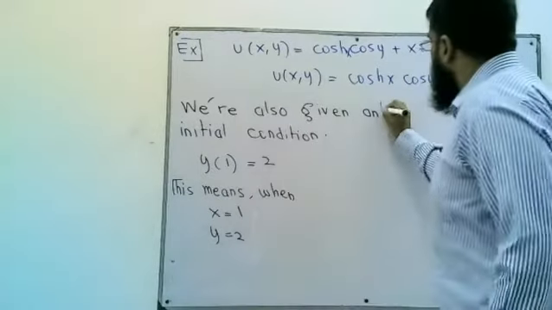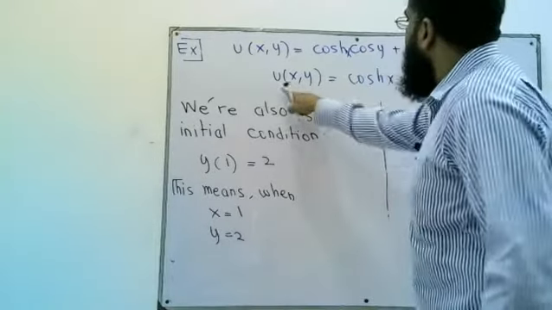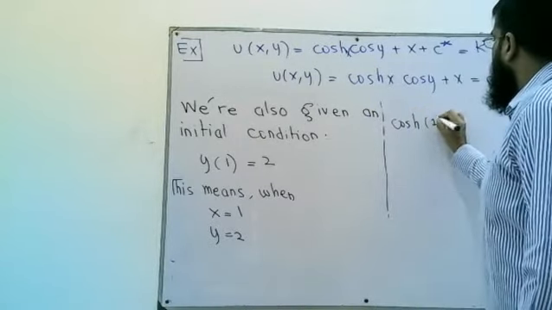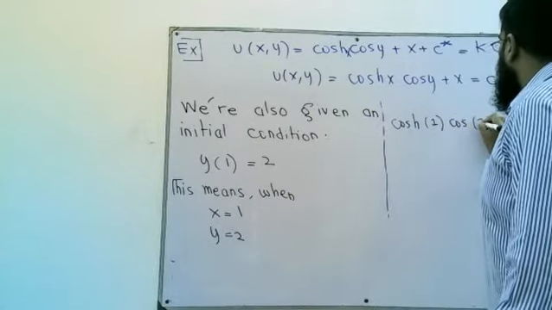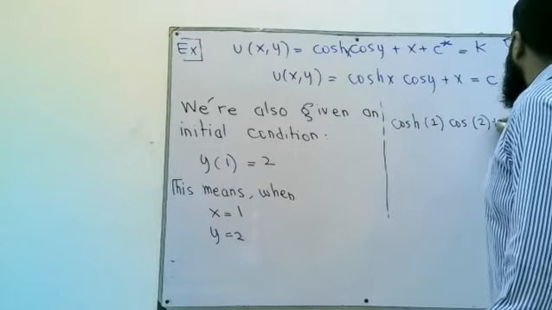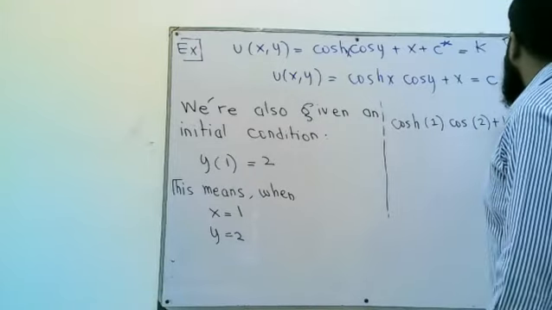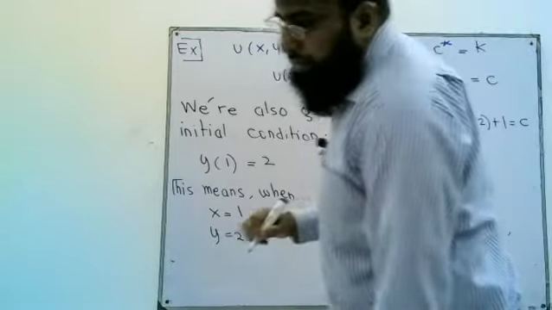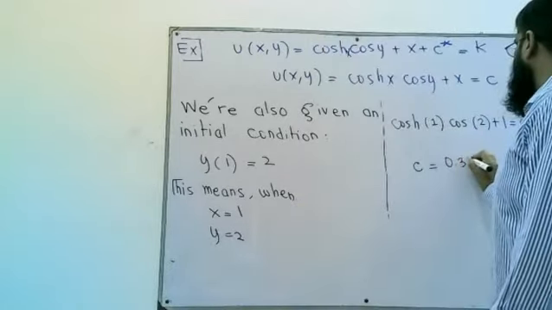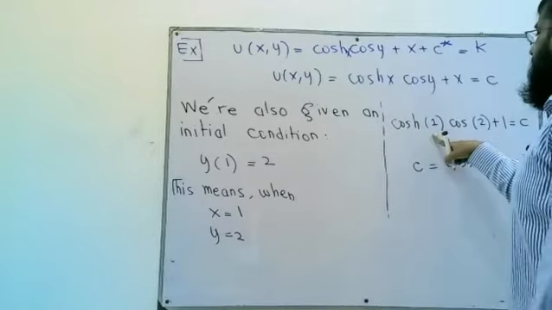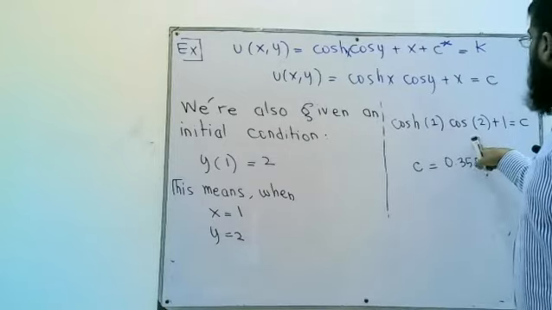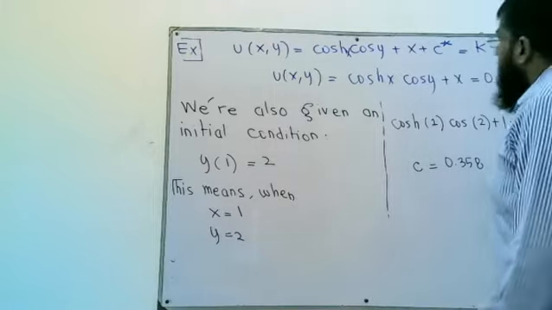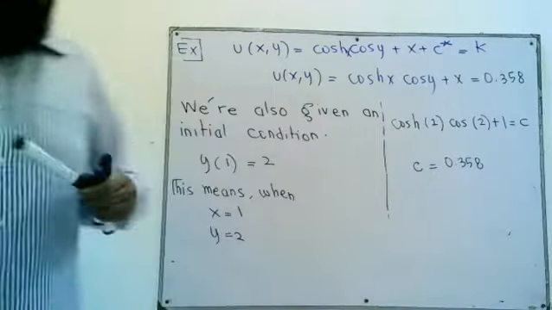So let's put this in this equation. cosh of 1 cos of 2 plus x, which is 1, is equal to c. So c comes out to be 0.358. Using a calculator you can compute this value. So this is 0.358. So this is your particular solution.